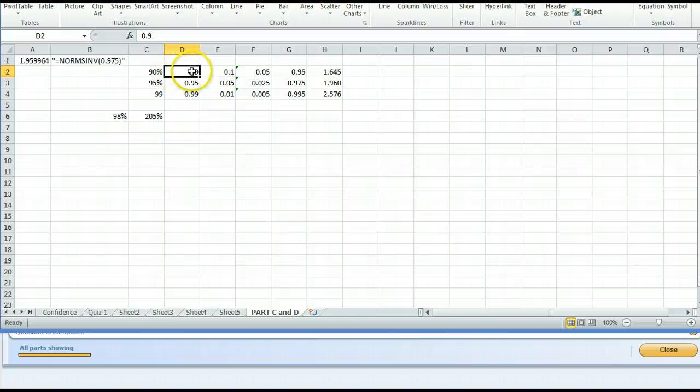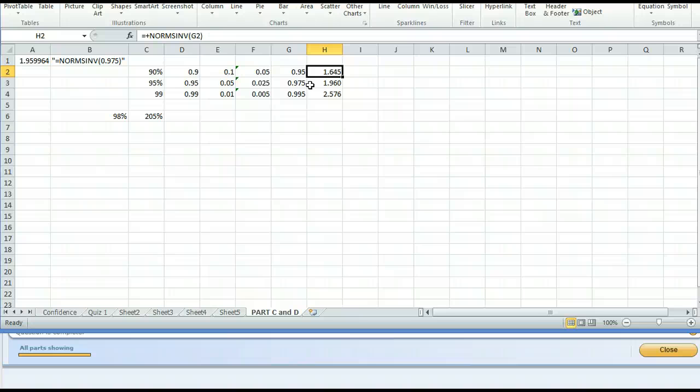So 90% is 0.9. It means what we have to cut off is 0.1. What you're going to share on each side is 0.05. So therefore 1 minus that 0.05 is 0.95, and that's what you're going to translate using the NORM.S.INV function to come up with the corresponding z value. And there's a list that's shown on page 275, and it doesn't say how it's found.